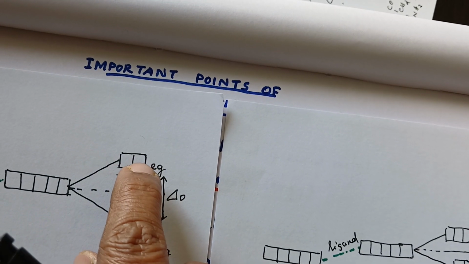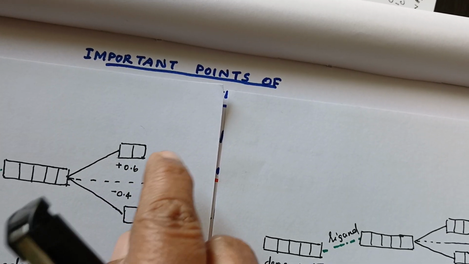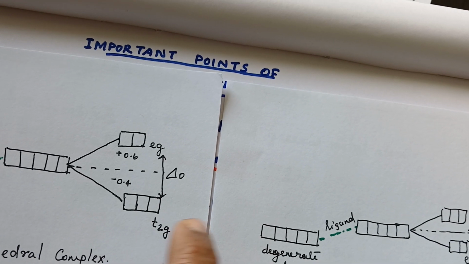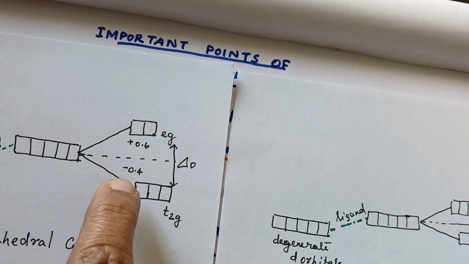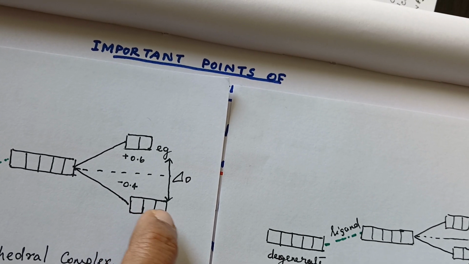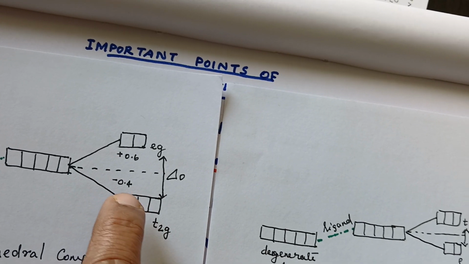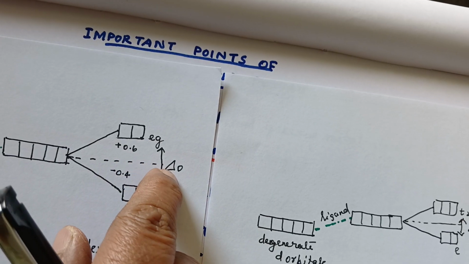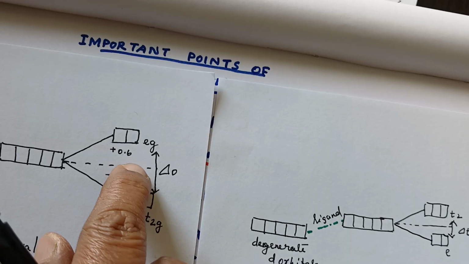If there are any electrons there, we will multiply this factor with the number of electrons while calculating the crystal field stabilization energy. For t2g, we will multiply the number of electrons with minus 0.4. So there is a lowered energy, and this dotted line in the center is called the barycenter, which we take as 0.